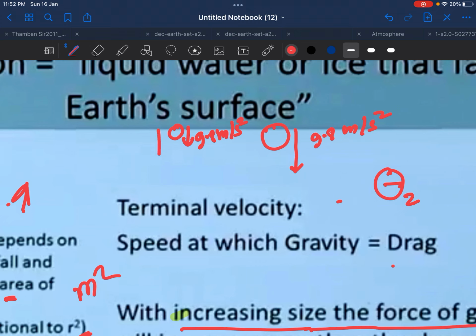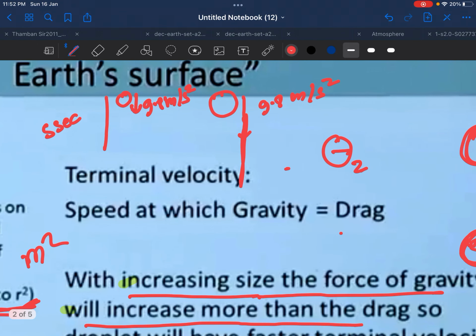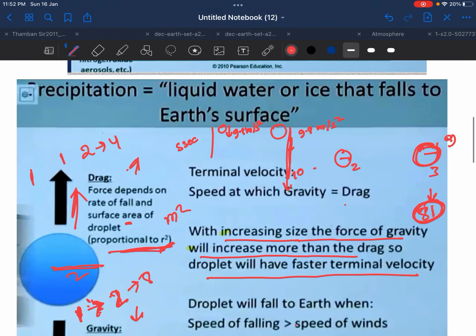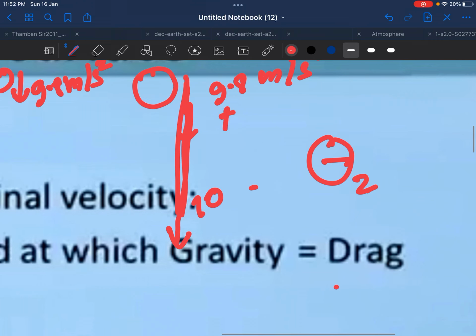Say it achieves terminal velocity in 5 seconds only, while here it achieves terminal velocity after 10 seconds. So where we have a bigger or huge value of terminal velocity in this case, right? Because in each second you will add 9.8, 9.8.